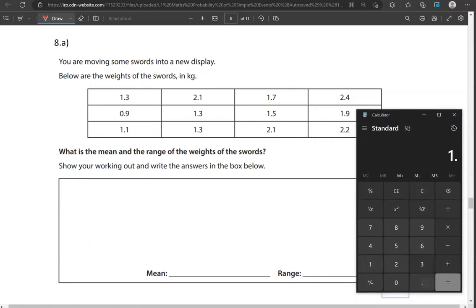So 1.3 plus 2.1 plus 1.7 plus 2.4 plus 0.9 plus 1.3 plus 1.5 plus 1.9 plus 1.1 plus 1.3 plus 2.1 plus 2.2.